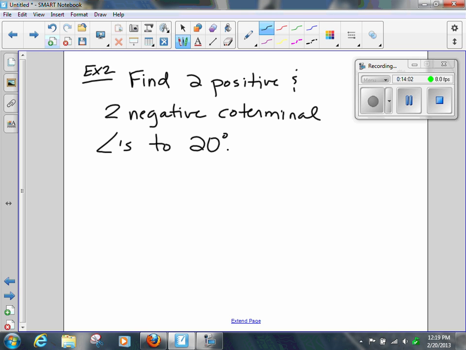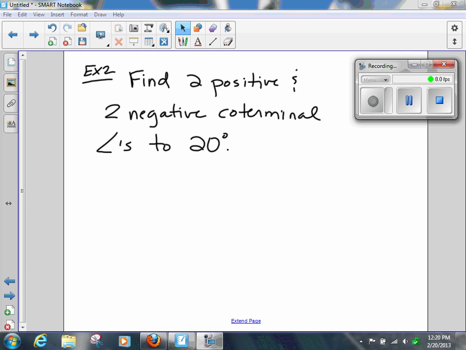Find 2 positive and 2 negative coterminal angles to 20 degrees. Some of you will straight up just write numbers down. Some of you will show the math. Angles. Where do I start? Where do I start?